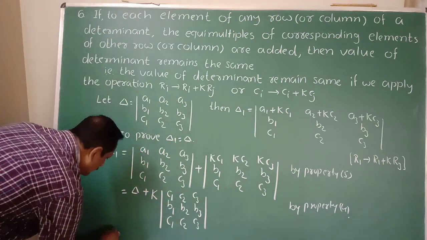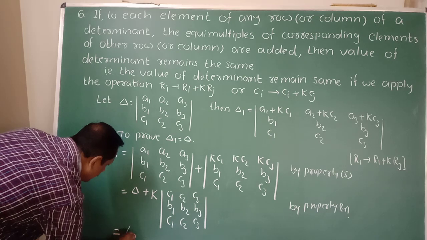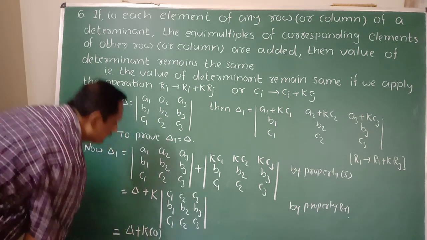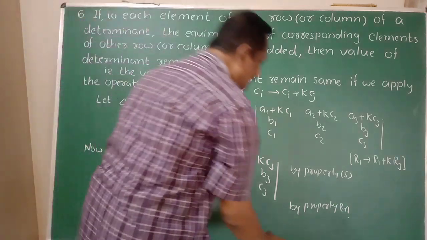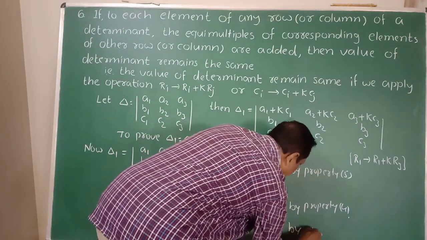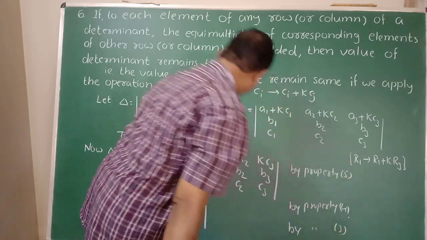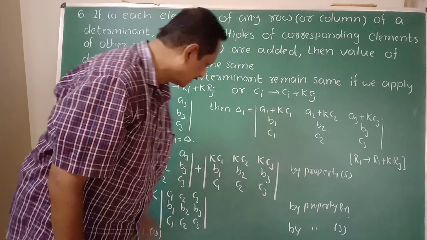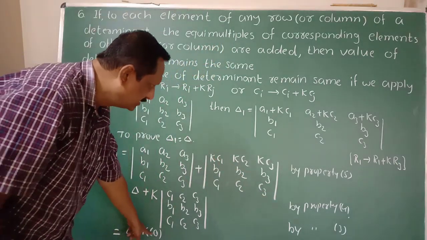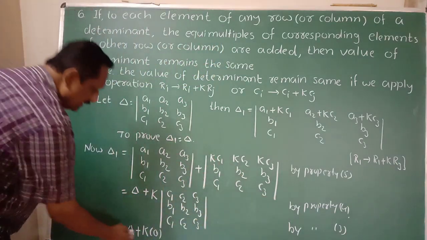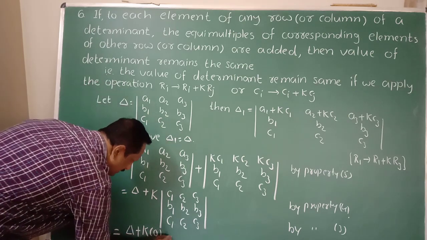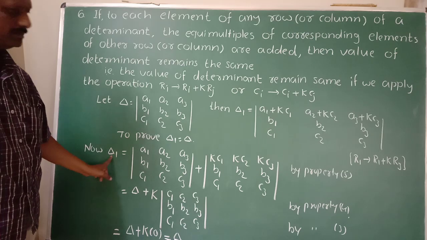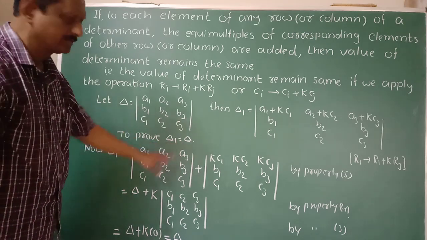Hence this is equal to delta plus k into 0, by property number 3. Here you are using the fifth property, here the fourth property, and here the third property. Then obviously this is 0, so remaining is delta. So delta 1 is equal to delta. This is our required result.